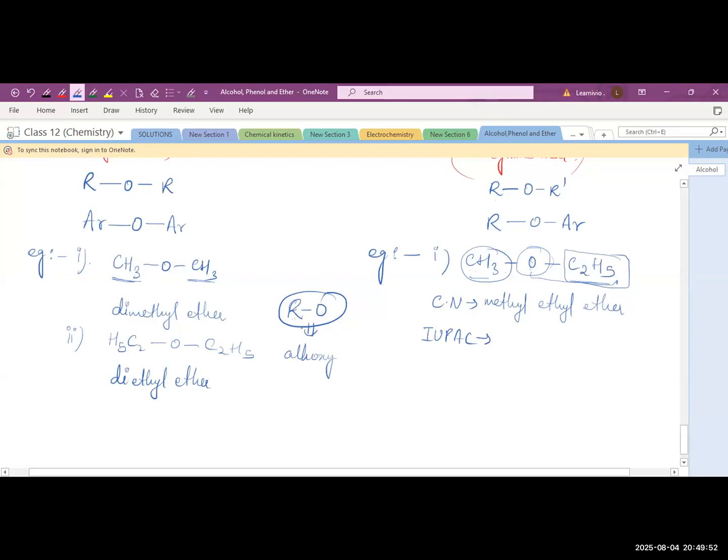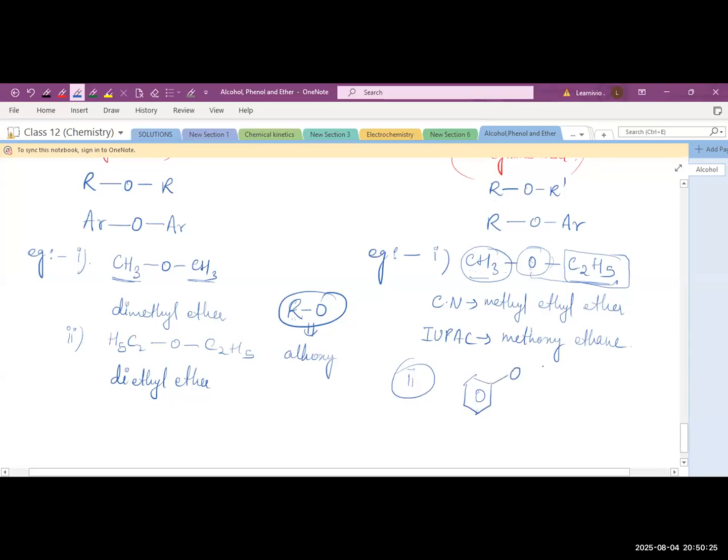Oxy. And for alkyl we just use alkoxy, right? So this is your methyl group. So we write the name as methoxy ethane.